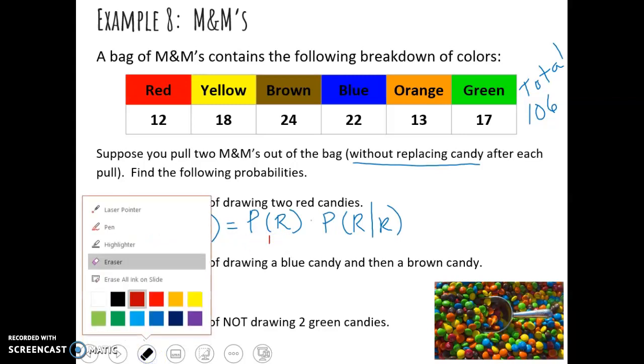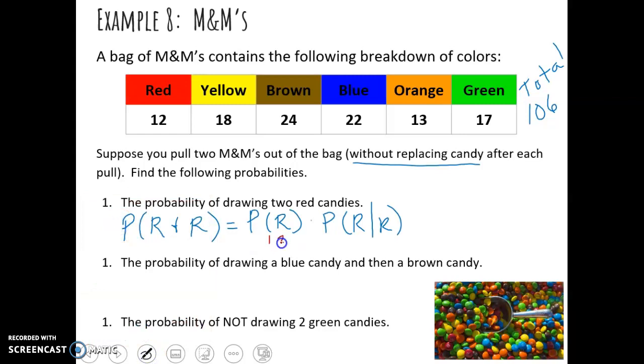Don't know why it does that, but all right, 12 out of 106. And then, assuming that the first one is a red, that leaves 11 red out of 105. So 12 out of 106 times 11 out of 105 gives us 0.0119.